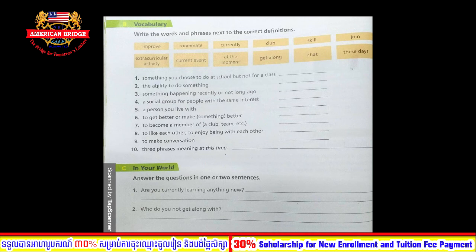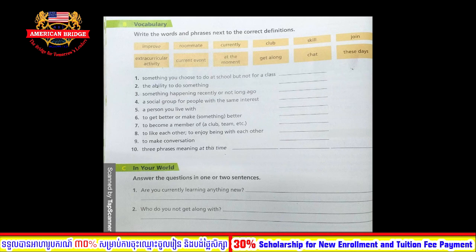What you need to do, you need to answer the questions in 1 or 2 sentences. Number 1, are you currently learning anything new? Number 2, who do you not get along with? Okay, so make sure that you answer it in a few sentences, a really nice sentence. Answer them in full sentence, okay? Not very difficult after all.